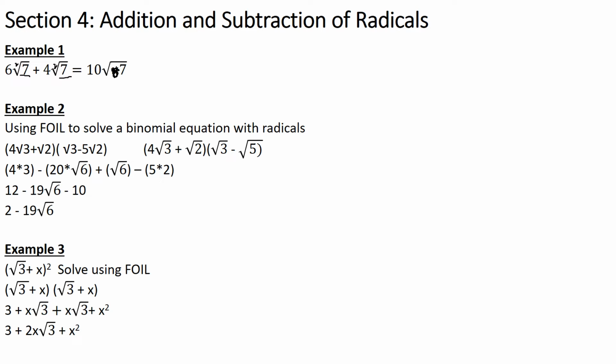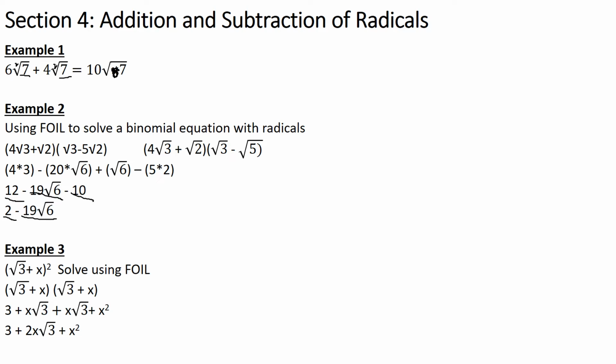So I'm left with 4 times 3, which is 12, down here. Then negative 20 square root of 6 plus square root of 6 is negative 19 square root of 6. And then minus 5 times 2, which is minus 10. 12 minus 10 is 2. And I'm left with minus 19 square root of 6. And that's our answer.